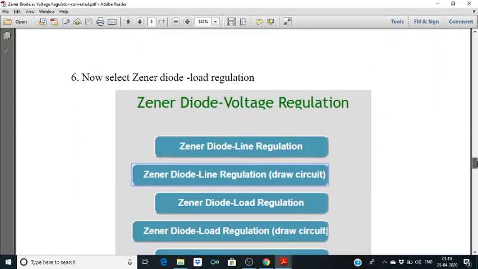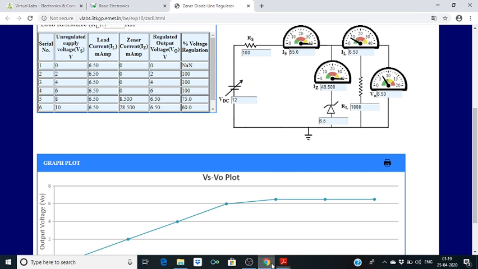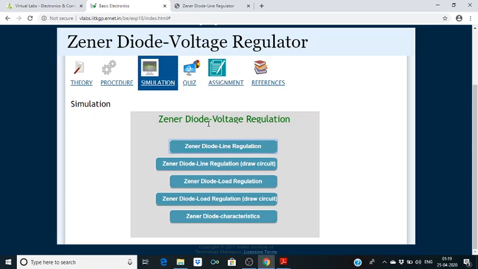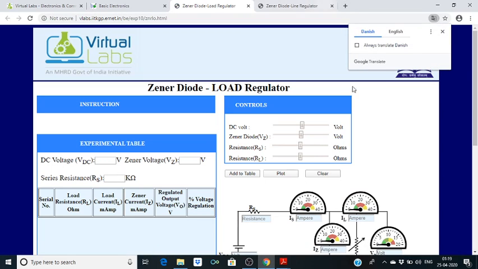Now for the load regulation we will go to basic electronics. For load regulation also, we will set a specific DC input voltage, a specific VZ, a specific RS, and we will change the RL.